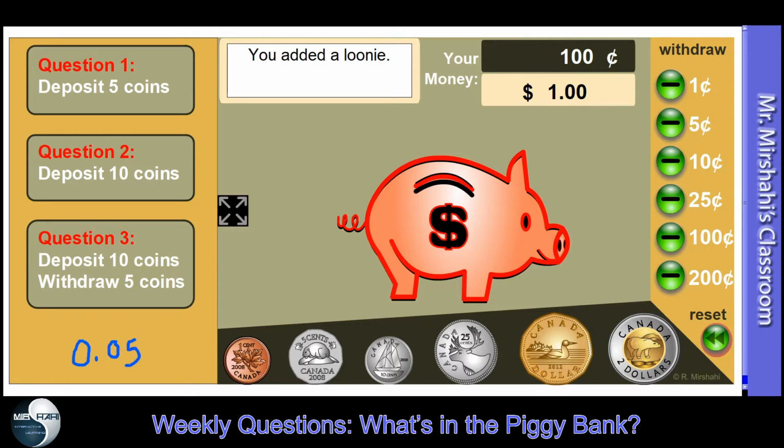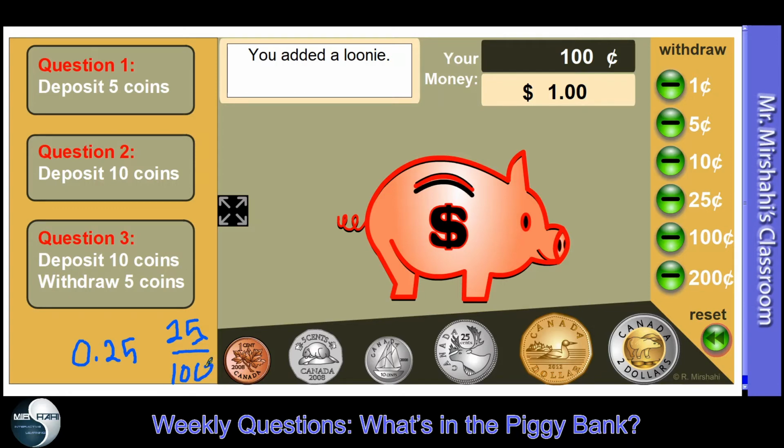And the value of a dime is 0.1. The zeros after here makes no difference because 1/10th is the same thing as 10/100ths. And the value of a quarter is 0.25, or we could say 25/100ths, 25/100.